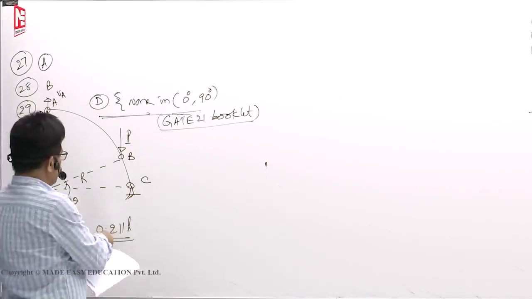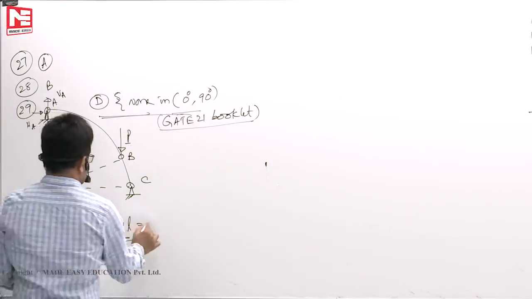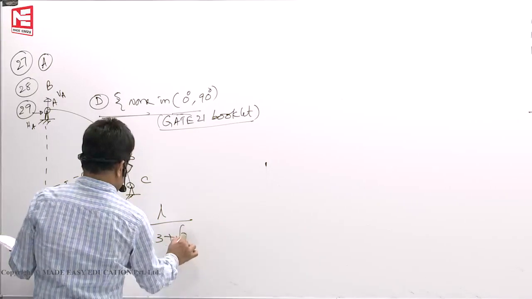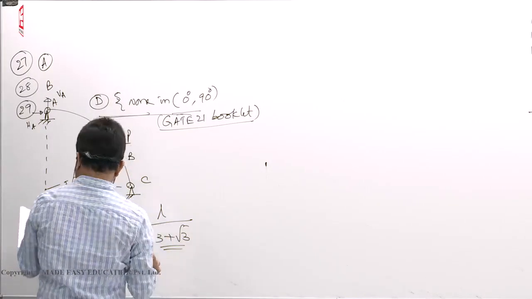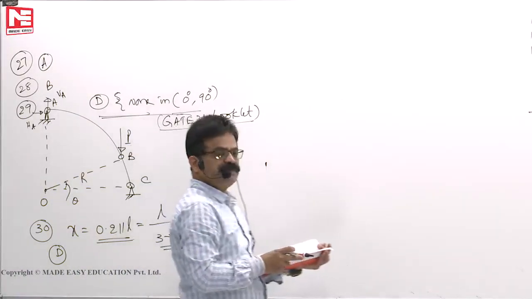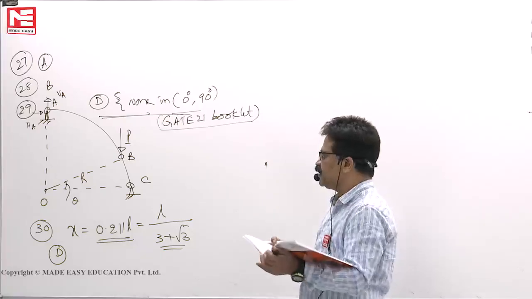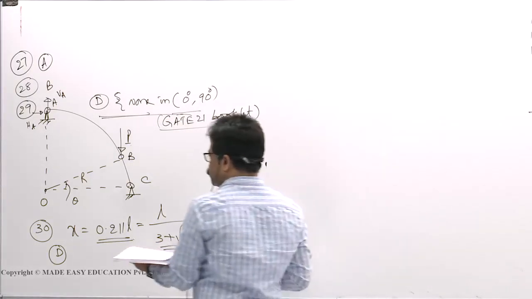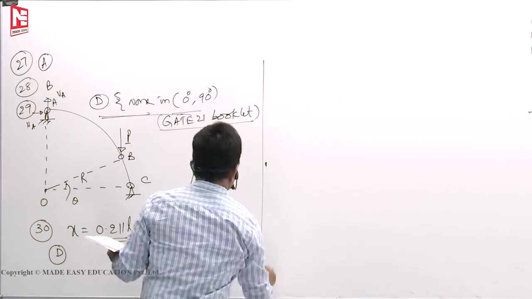Okay, I have given you 0.211 L, then this can be written as L by 3 plus root 3 also, same thing. So 30th question, D is the option. 1 by 3 plus root 3 or 0.211 L, which we have solved, same. So 30th question is over.